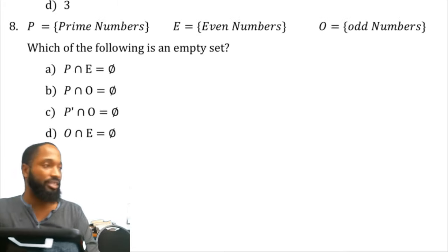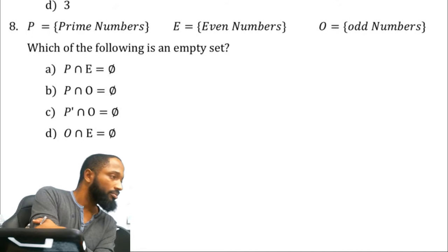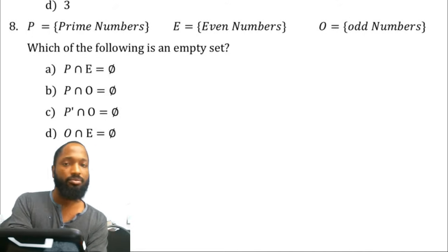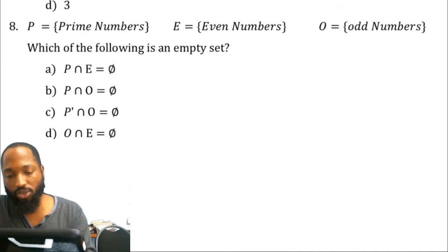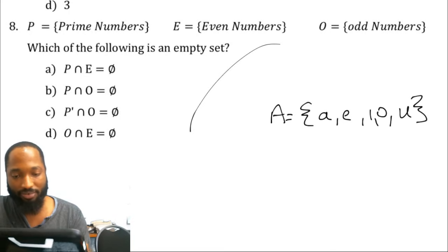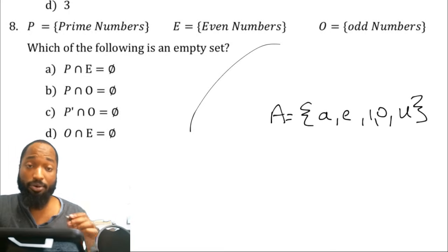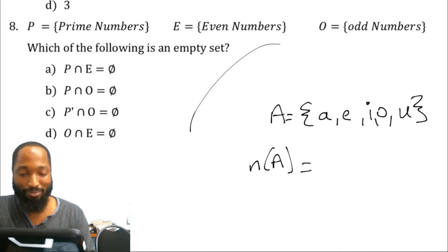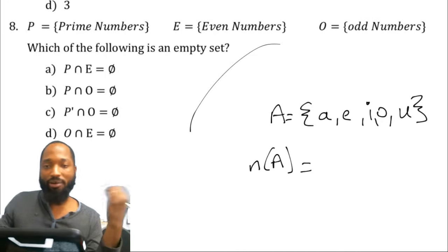Let's get the answer for 8. So if I had a set A equal to the vowels, A, E, I, O, U, and sometimes forget about Y, and I ask you what is N(A), don't go and write back A, E, I, O, U, or write back no letter there.